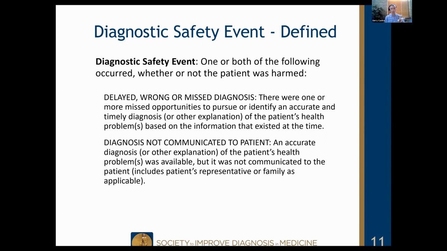It contained those 2 elements, accurate and timely diagnosis or other explanation of the patient's health problem based on the information that existed at the time. The second component of this definition is the diagnosis was not communicated to the patient. So again, an accurate diagnosis or other explanation of the patient's health problem was available, but it was not communicated to the patient, which includes the patient's representative or family as applicable.